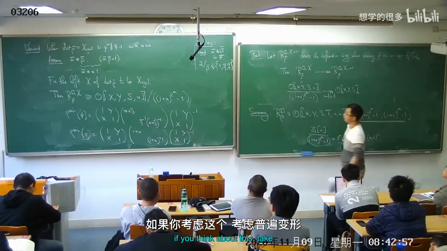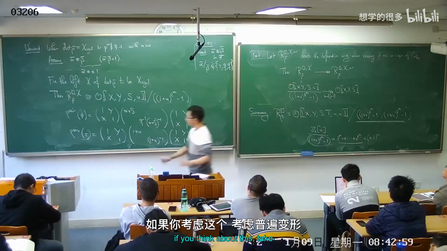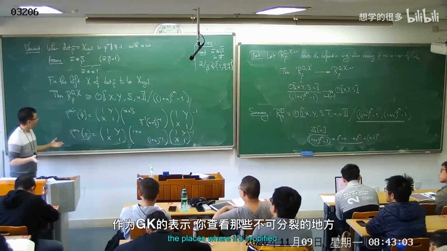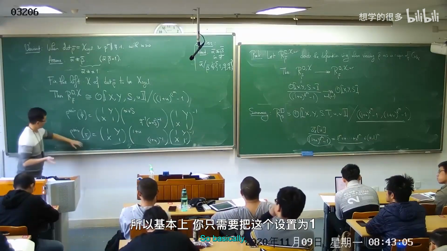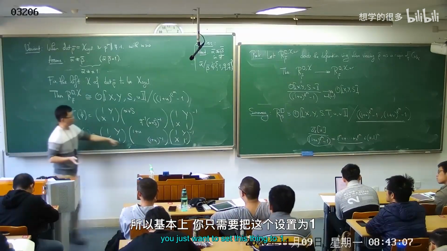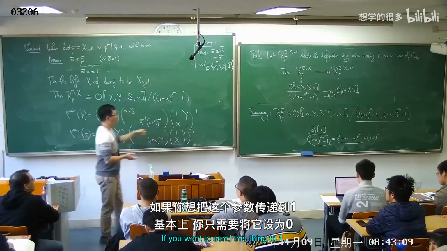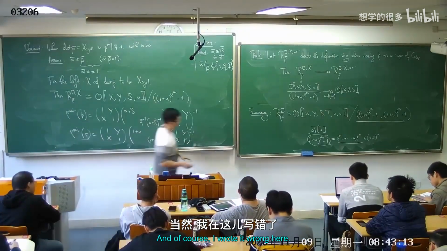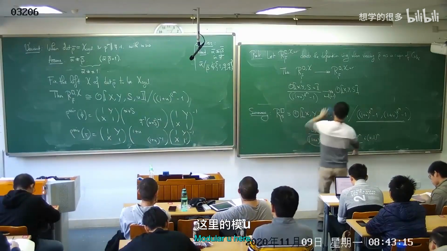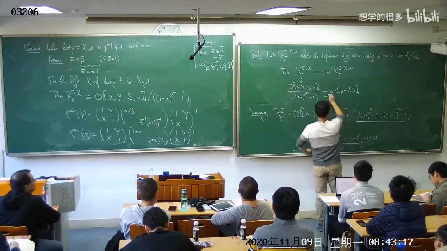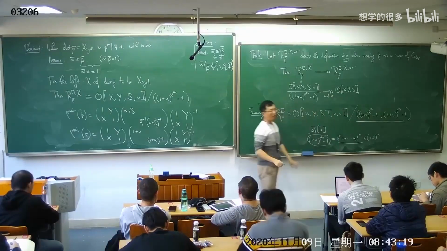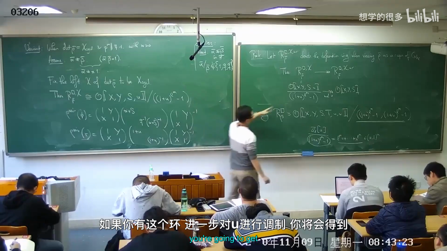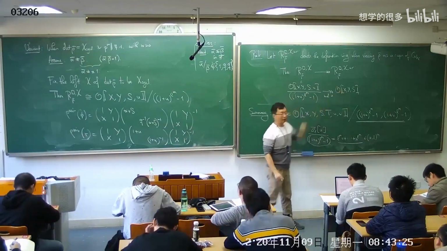So basically, if you think about this, if you take the universal deformation ring as a GK representation, you look at the places where it's unramified. So basically, you just want to send this thing to 1. If you want to send this thing to 1, basically you just want u to be 0. And of course, I wrote it wrong here. Modulo u here. If you have this ring and you further mod out u, you're going to get the unramified deformation.